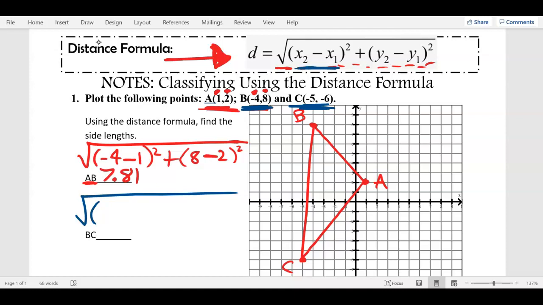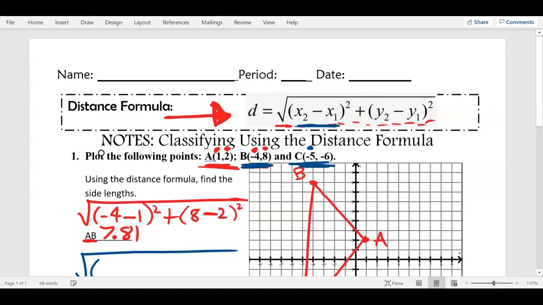Now, with B and C, I'm going to look at C for my x2. My x2 is the x value of C, which is -5. And then it's going to be minus the x value of B, which is -4.